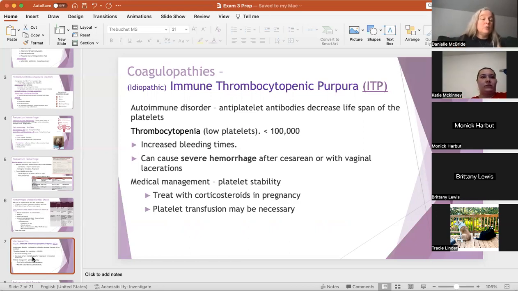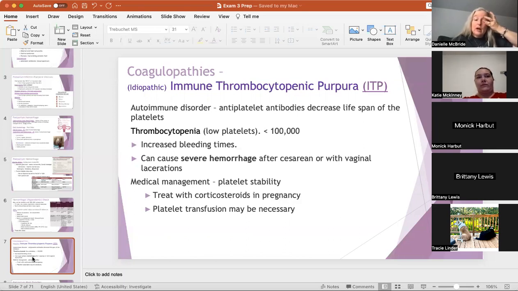If she has low platelets, how does that affect labor and delivery? She could be at higher risk for severe hemorrhage because those platelets are not clotting like they should, or they're so low, not that they're not working. Okay, so yes, she's at a high risk of having a hemorrhage.